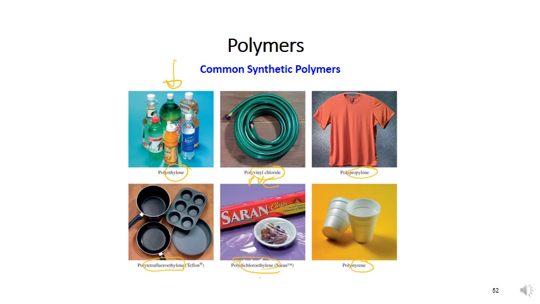Polypropylene, that's the synthetic fiber for some t-shirts. Polystyrene, Styrofoam, polytetrafluoroethylene for Teflon. Okay, so those are some of the ones that you've seen before.